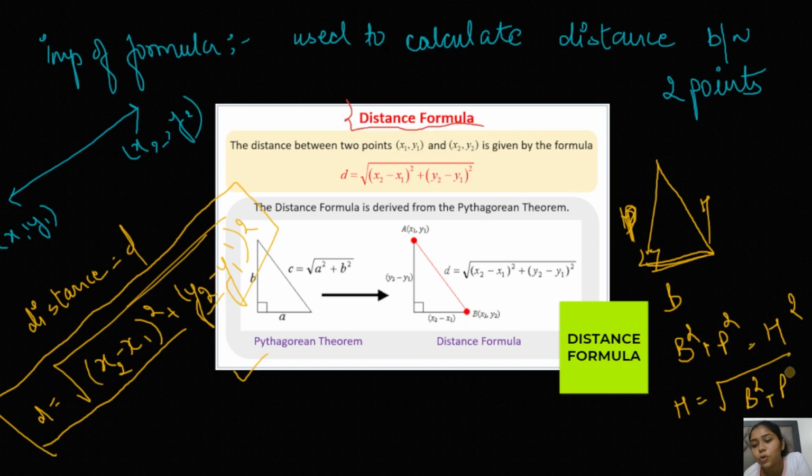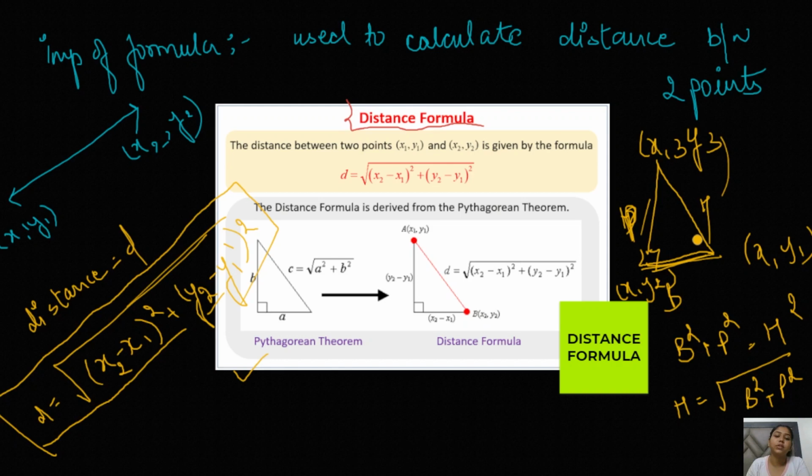How will you find out the distance of b and p? Let's just suppose these coordinates be x1 y1, these be x2 y2, and these be x3 y3. You just have to put them in the formula and you will get your value, right? So this is what you have to do in this particular question.